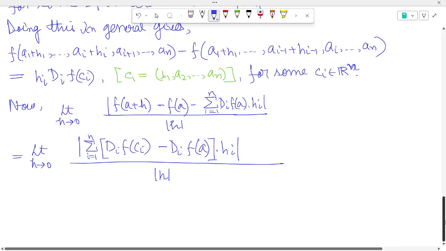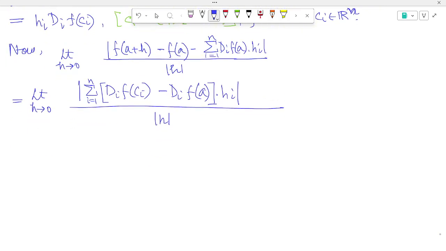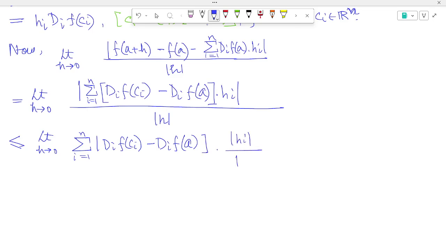So I can now apply this to keep the summation out of the modulus sign, and I will get the summation of this part into mod of h_i by norm h.